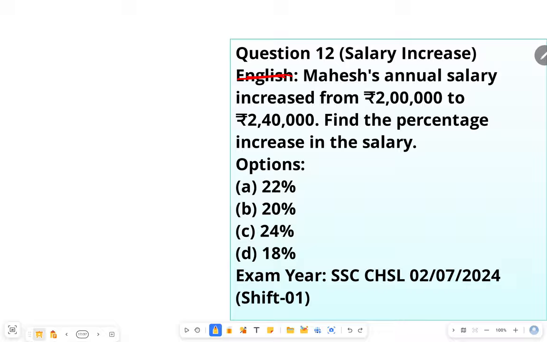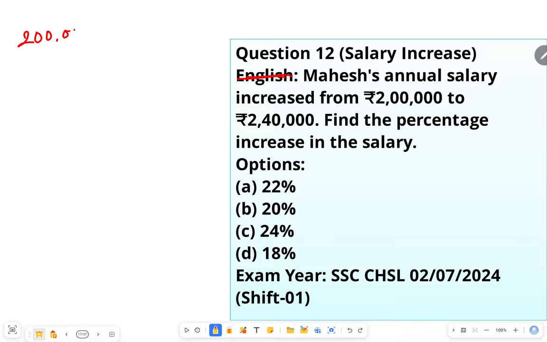We will solve this question with basics, but if you start doing that with basics, it will take a lot of time. So directly, you have two options.